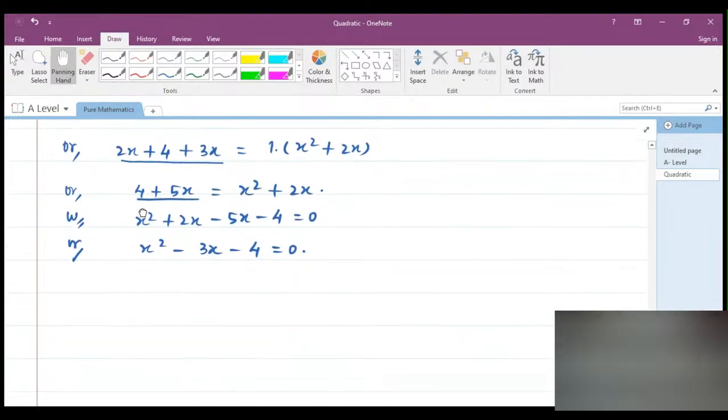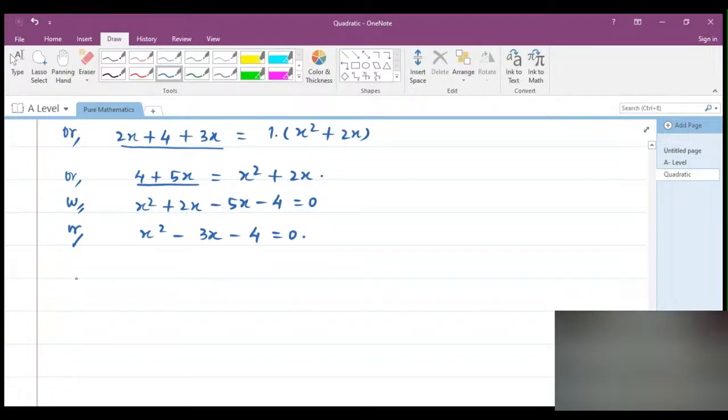So we break the minus 3x, then we get x square minus 4x plus x minus 4 equal to 0. Or here, we take x as the common, then x into x minus 4 plus we take 1 as the common, then x minus 4 equal to 0.